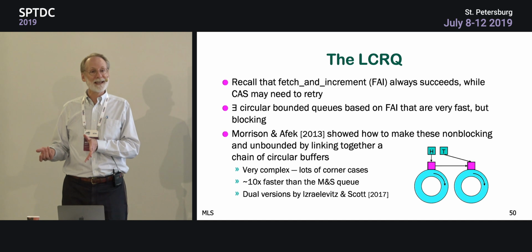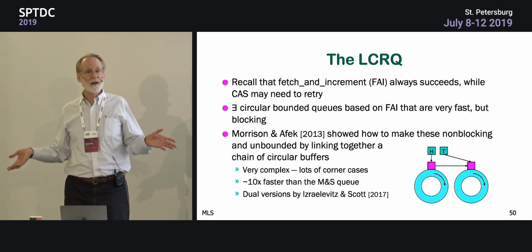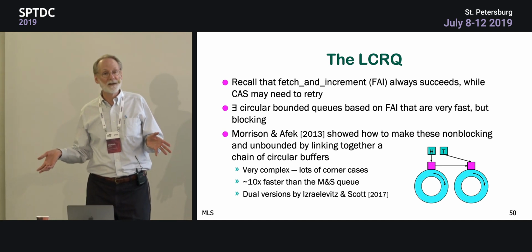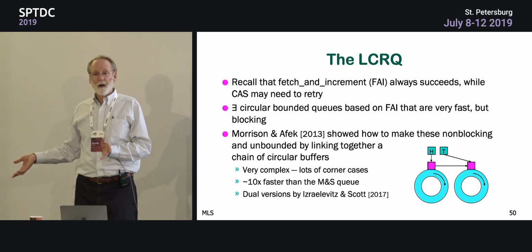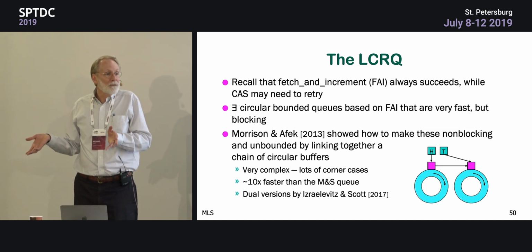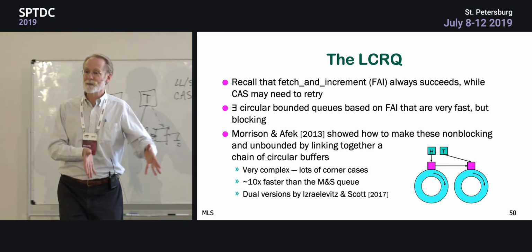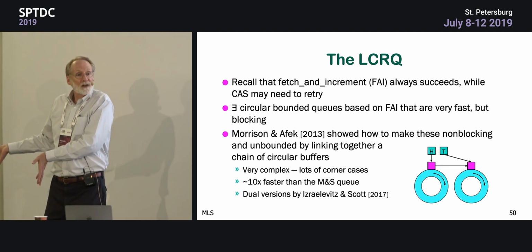But suppose that the dequeuers get ahead of the enqueuers. We just have a period of time when the queue is logically empty because there hasn't been enough data produced to satisfy the consumers. Well, the consumers are blindly performing fetch and increment. This is my slot, this is my slot, this is my slot, moving on down the line, and the producers are just sitting still.